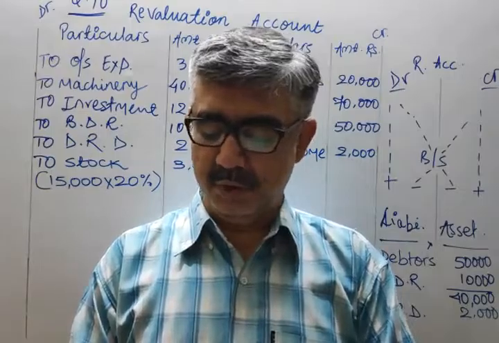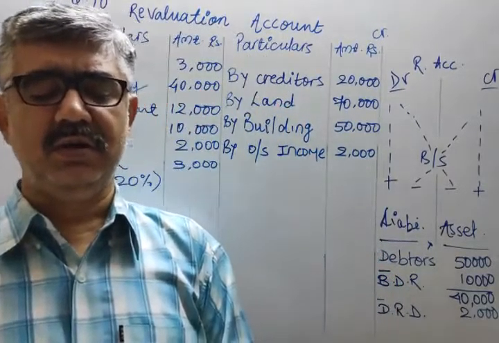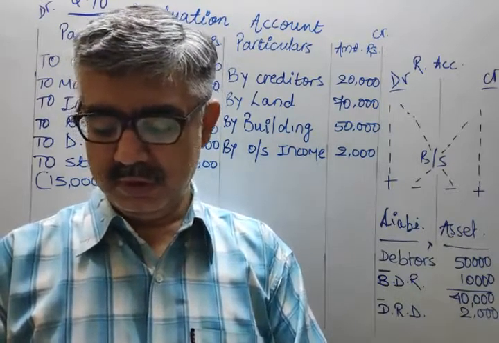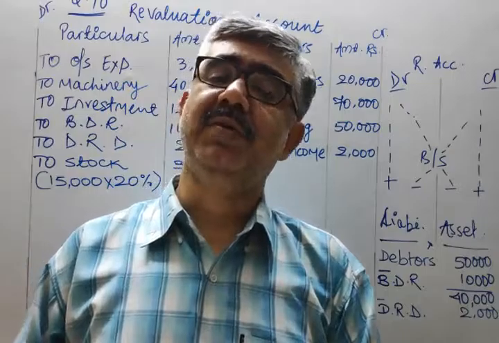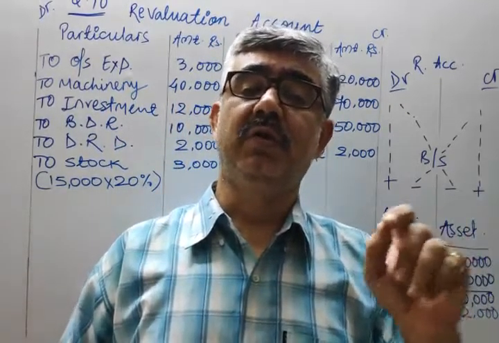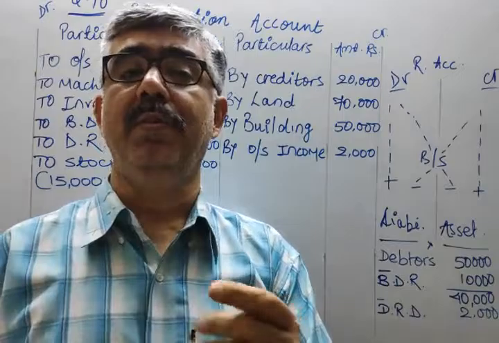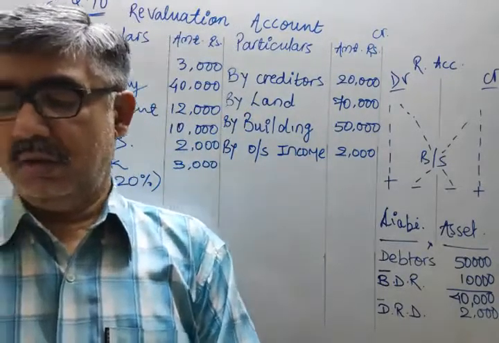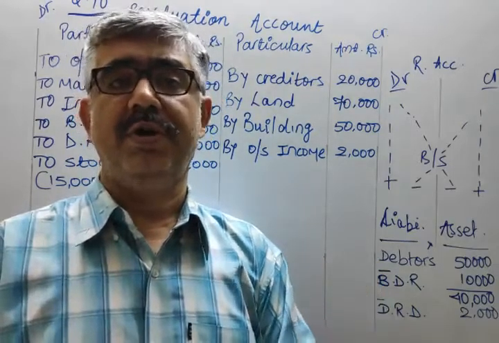Suppose an adjustment is given related to, say, loose tools, which is not given in the balance sheet. If they give you that loose tools of rupees 10,000 not recorded in the books, or let's say vehicles of rupees 10,000 not recorded in the books.